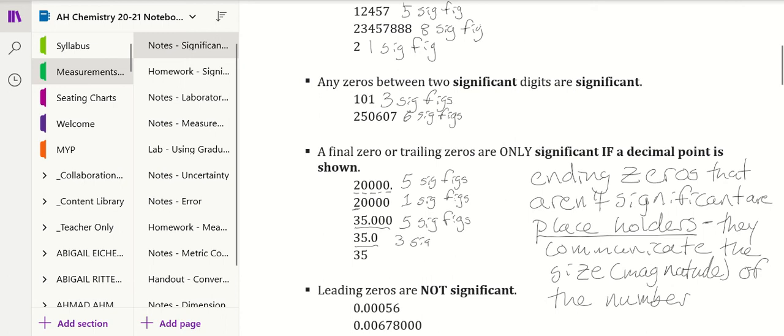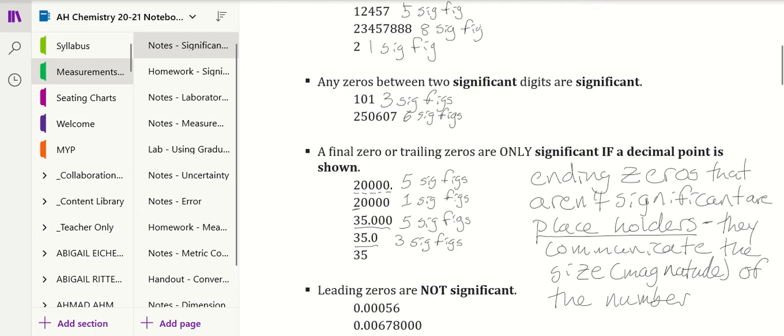3. So if we were just looking at those numbers, we would say both of those numbers say 35, right? And if we were counting things like people, then yes, 35 is 35. Doesn't matter how many zeros we put at the end of it.